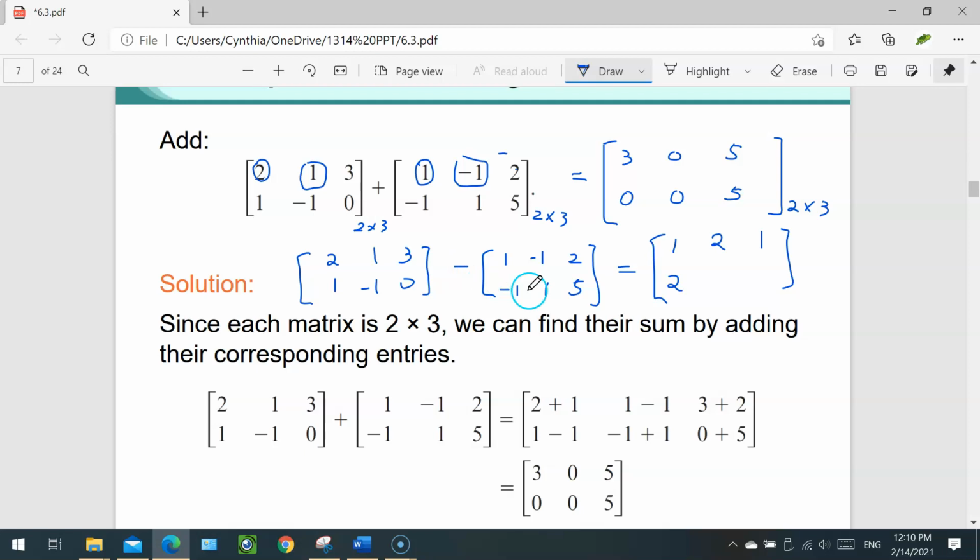Negative 1 minus 1 turns into a negative 2. 0 minus 5, you get negative 5. Again, the result after you subtract two matrices will have the same dimension, 2 by 3.